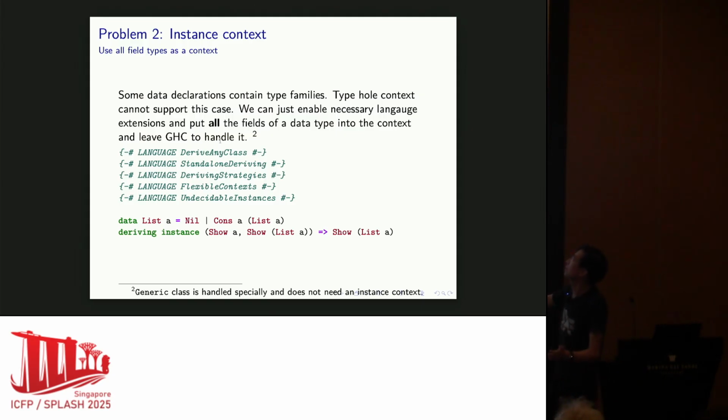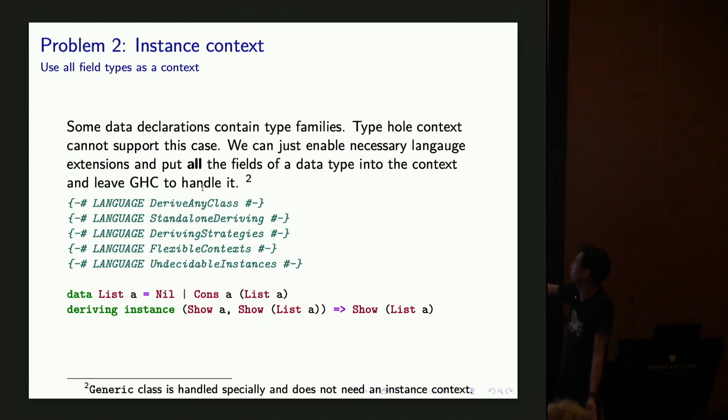The second solution is we just put all the field types into the context. Like if we derive a Show instance for this new data type of list of a, we put all the fields, this field and this field, into the context, and put a Show (list) here, right?